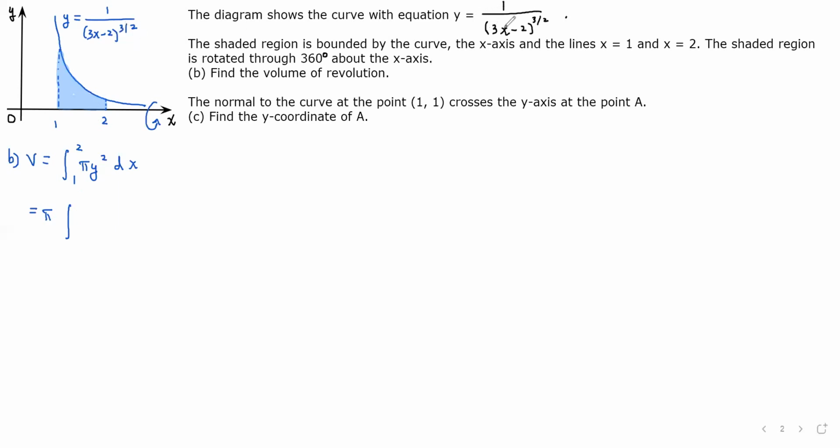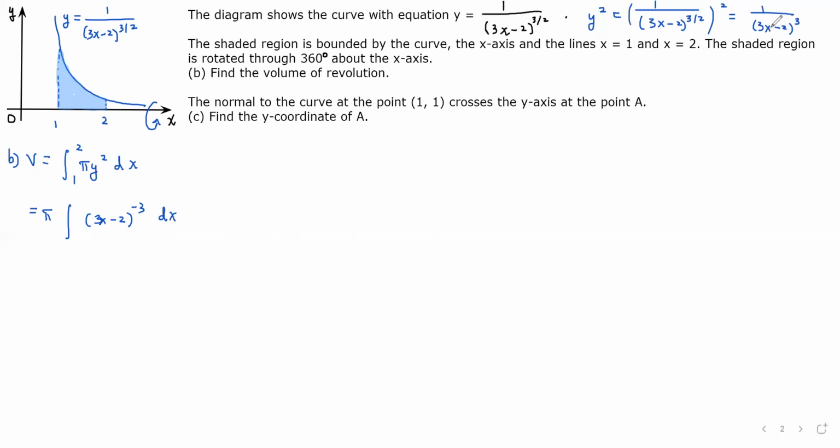So y is 1 over (3x minus 2) to the 3/2. When you square y, once it is squared, it is 1 over (3x minus 2) to the 3. So we integrate (3x minus 2) to the negative 3 with respect to x, because this thing is in the denominator.